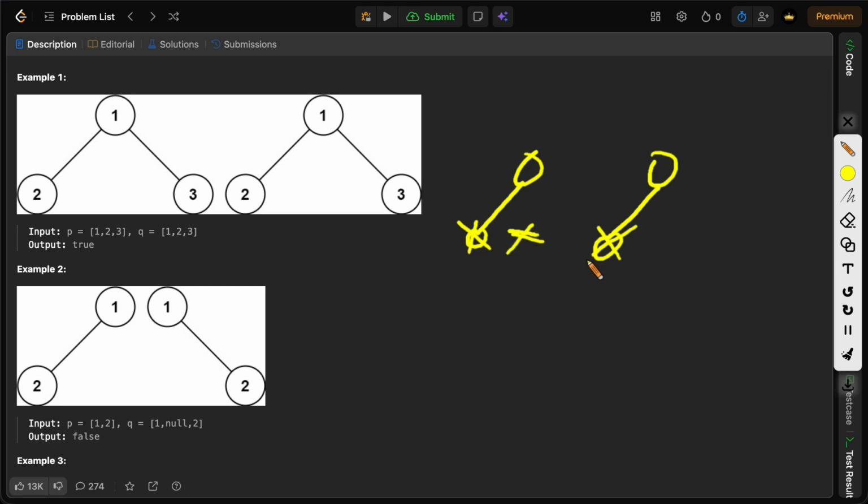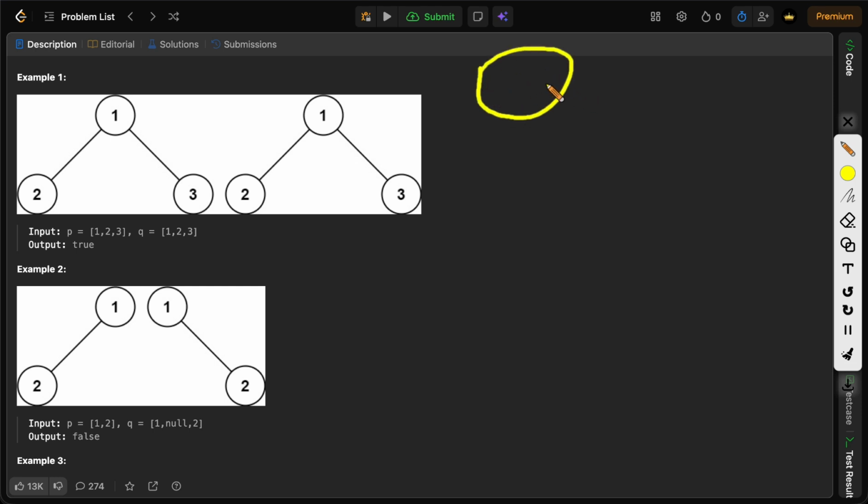Null is equal to null, so our trees will be identical, and the boolean value will be true. So for the optimal solution we analyzed that we need a single function which will compare and recurse on the two trees. All the work will be in one function.